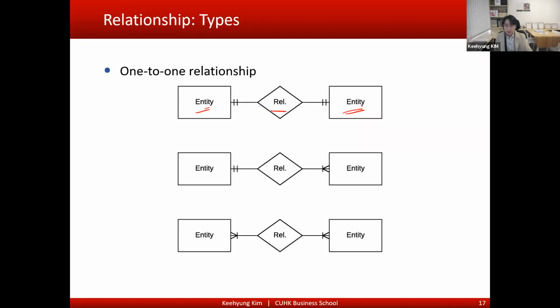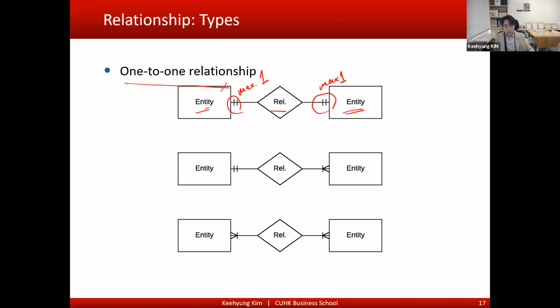This is a binary relationship because it's a relationship connecting 2 entities. Let's say that the cardinality is this. From entity 1's perspective, entity 2 is connected by 1 and 1. And from entity 2's perspective, entity 1 is connected by 1 and 1. In this case, the maximum cardinality here is 1, and also the maximum cardinality here is 1. Then we call this a 1-to-1 relationship.